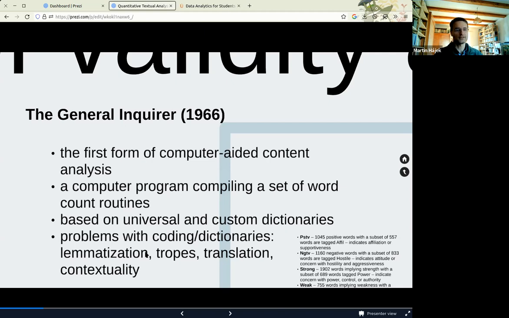So there are programs for doing sentiment analysis, but there is always the problem of context, metaphor, tropes, so the analysis frequently fails in discovering the idea of the content, what the real content is, what the real sentiment is, because of metaphors, ironies, contextuality, and various strategies of producing and writing text.